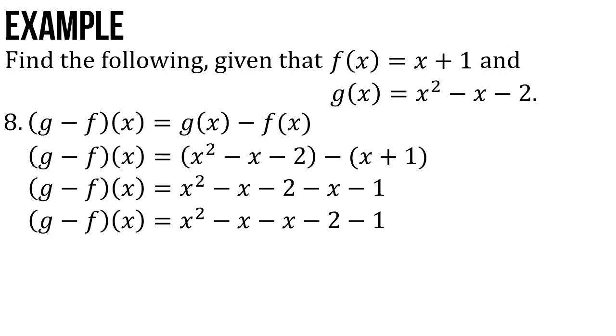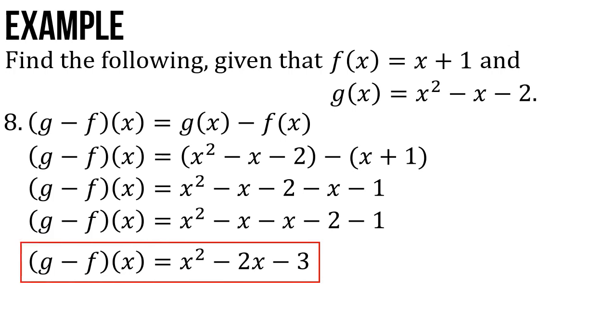We're going to have g minus f of x equals x squared minus x minus x minus 2 minus 1. Combine the like terms, we're going to have g minus f of x equals x squared minus 2x minus 3. And that's our answer. And that is different from what we've got compared to f minus g of x. Okay, compare it.